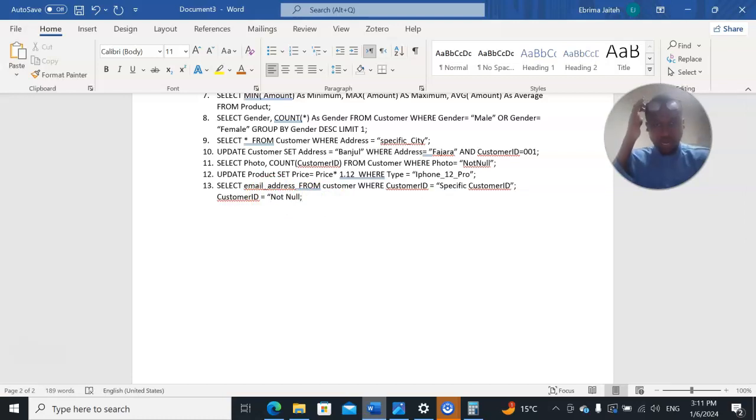So when you say customer ID equals to not known, it means the customer ID cannot be a zero value. Do you understand? It must have something. Or I might assume a customer ID is 001 as my specific customer ID. The question is not that clear, that's why I'm using either option.